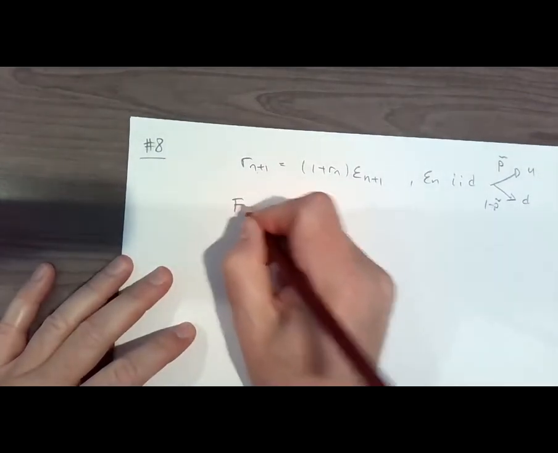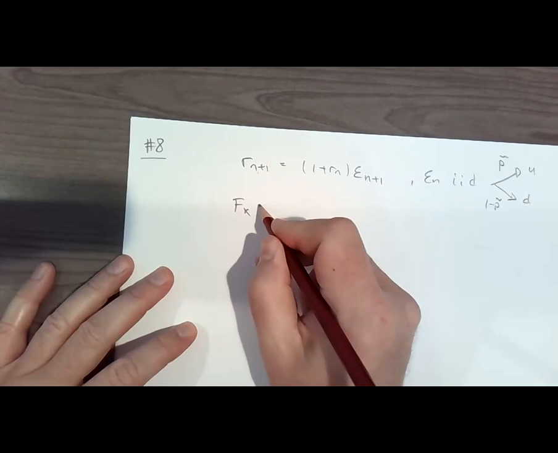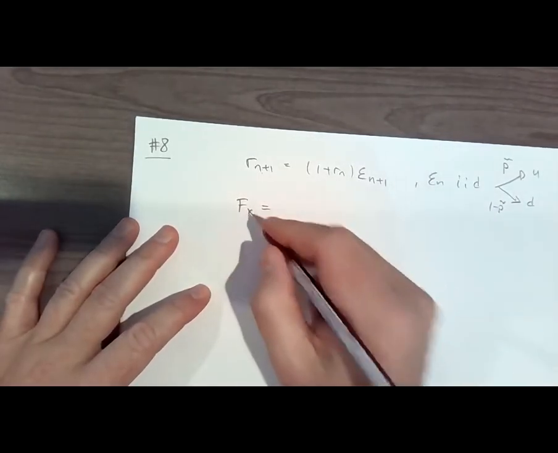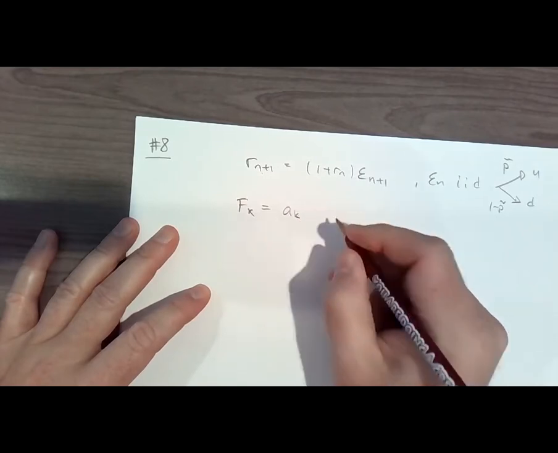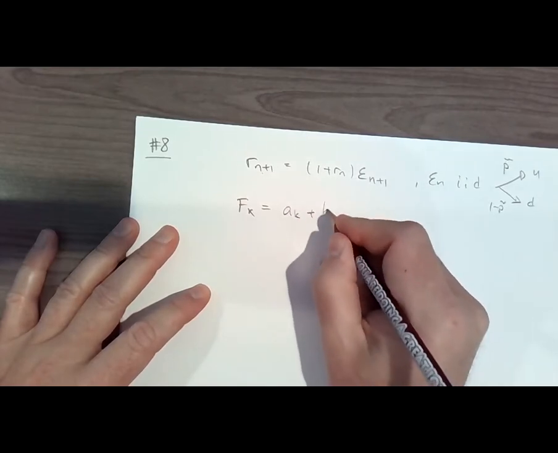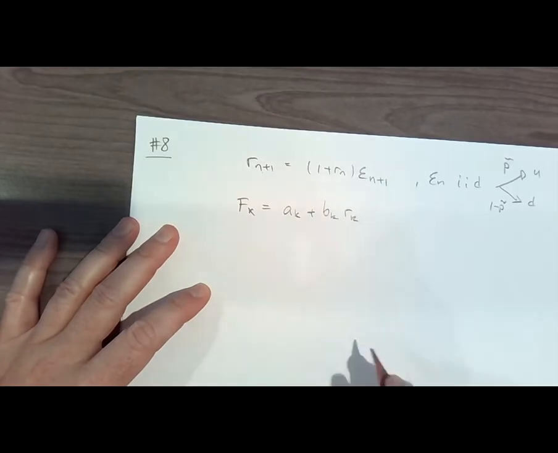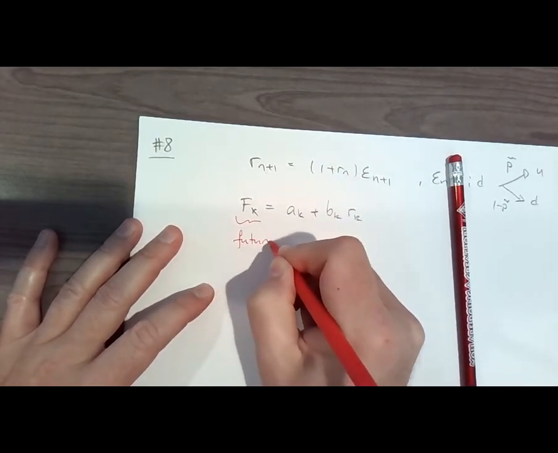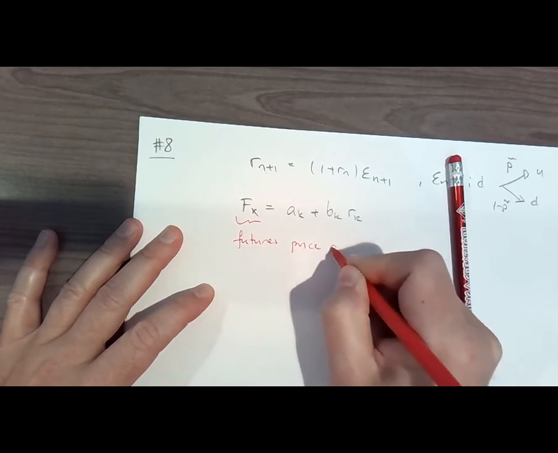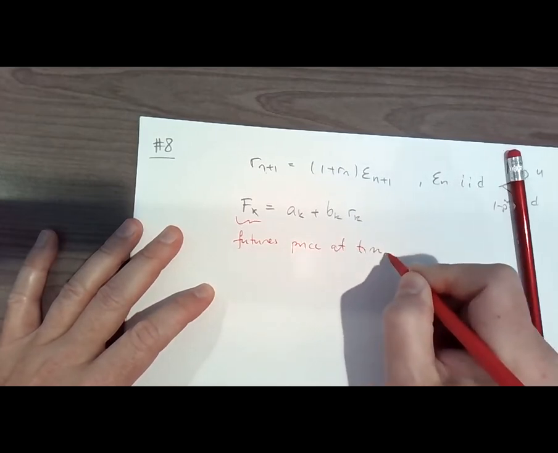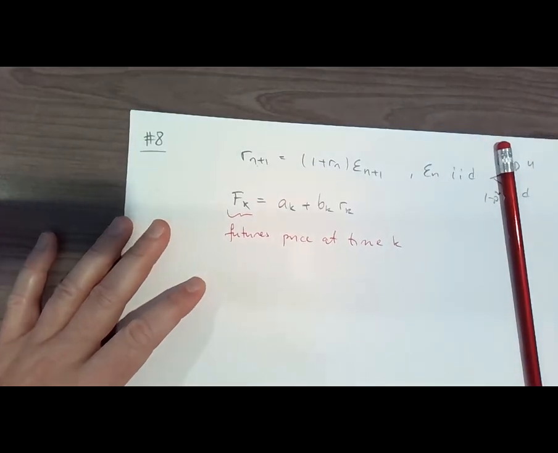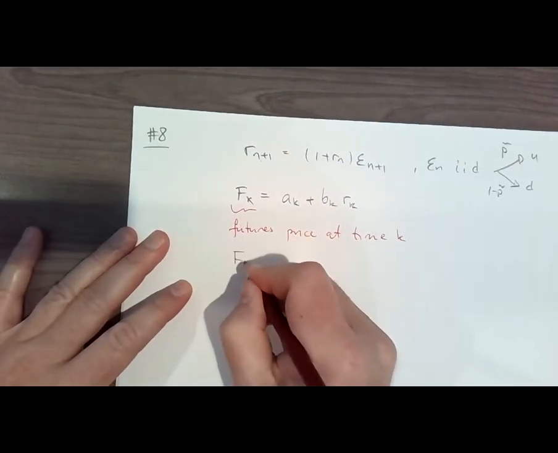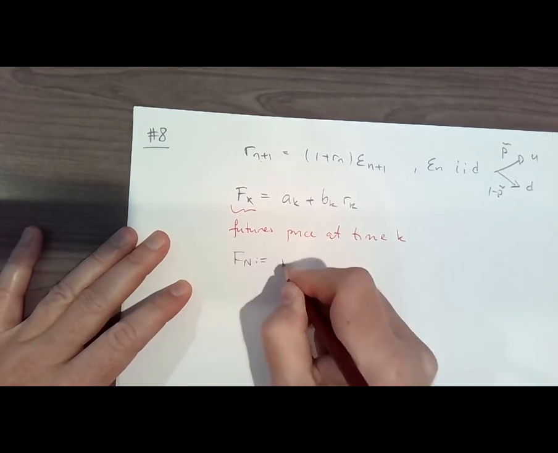Our job is to find that the futures price at time K is going to be an affine function of the current interest rate. So this here is the futures price at time K. At the terminal time, Fn is pinned down to be Rn.